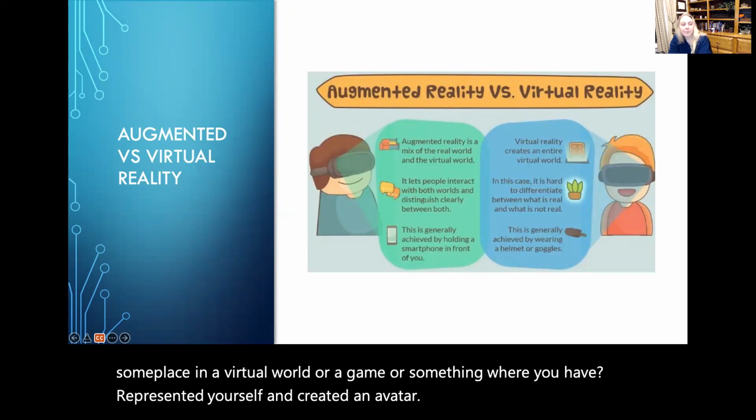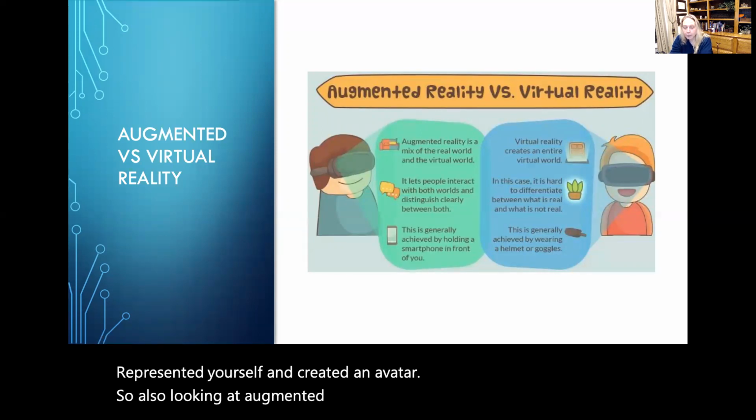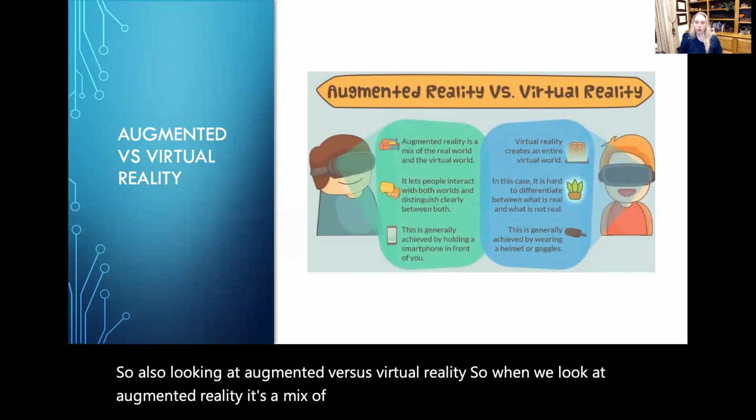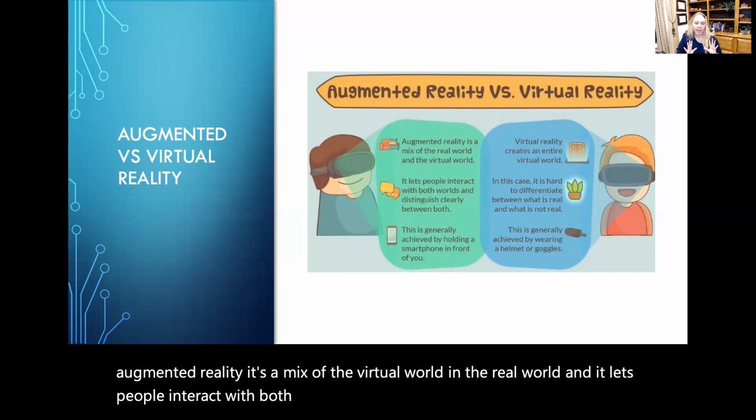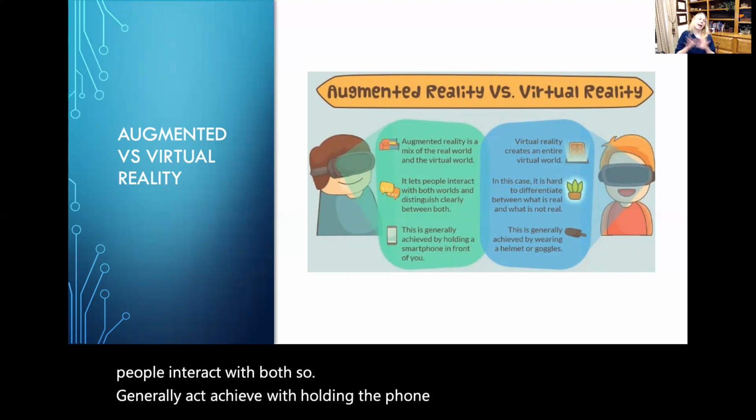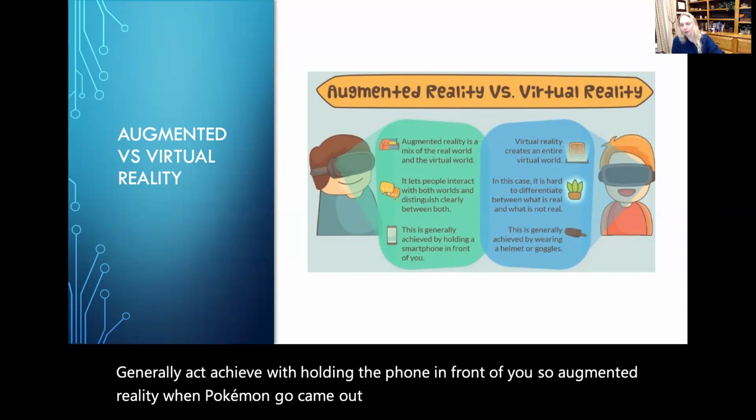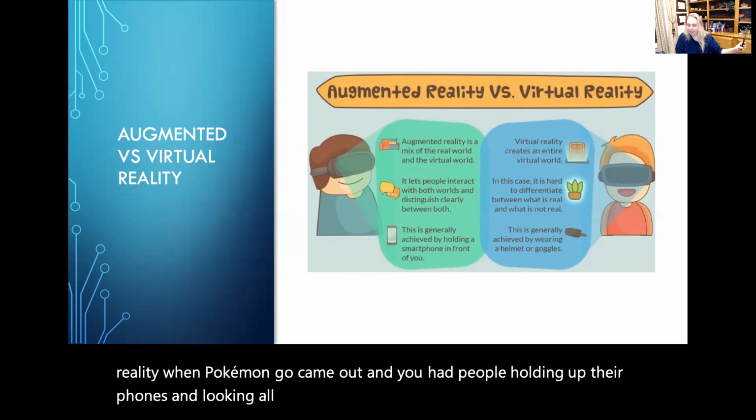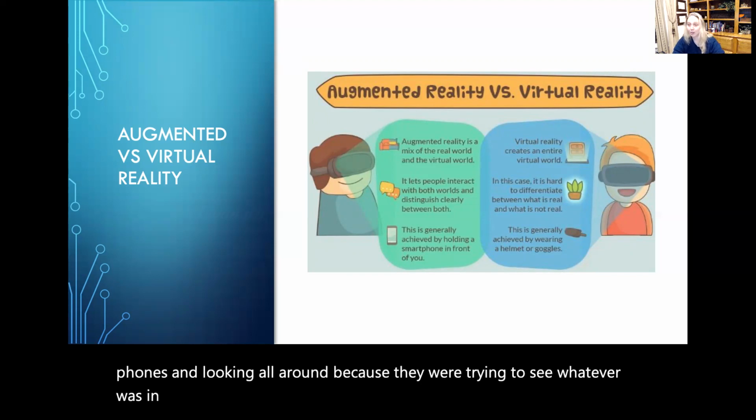So also looking at augmented versus virtual reality. Augmented reality is a mix of the virtual world and the real world, and it lets people interact with both. It's generally achieved by holding the phone in front of you. When Pokemon Go came out, you had people holding up their phones and looking all around because they were trying to see whatever was in their room or at a particular location.